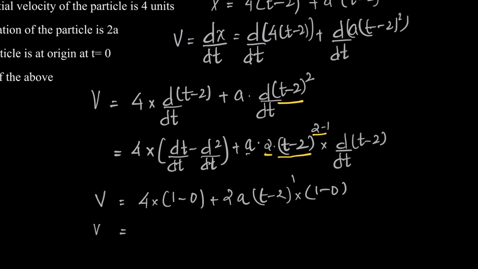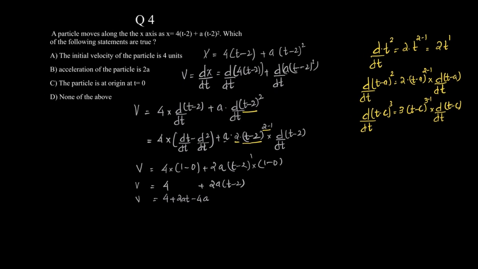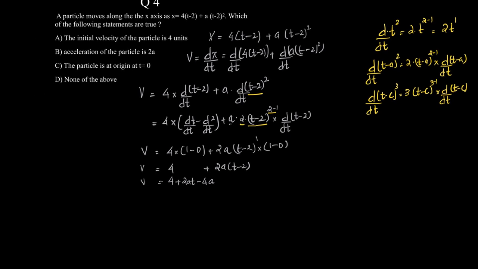So v is equal to 4 plus 2a into t minus 2. Therefore v is equal to 4 plus 2at minus 4a.